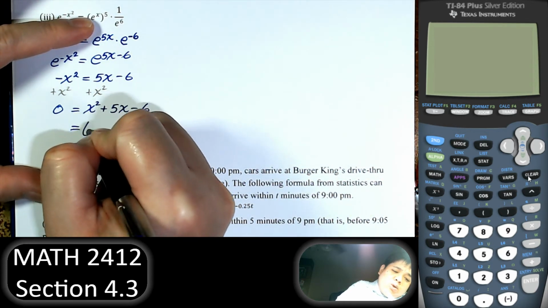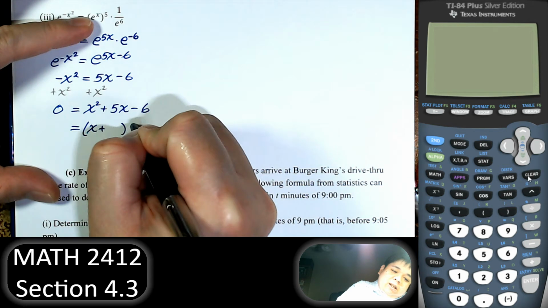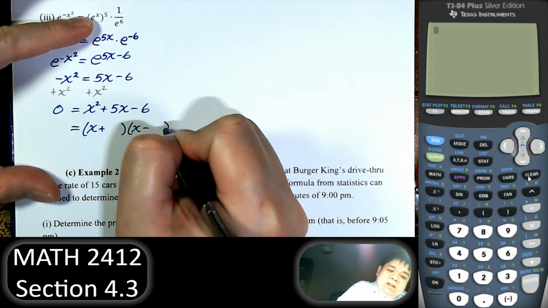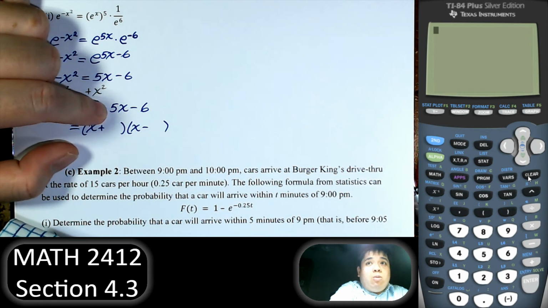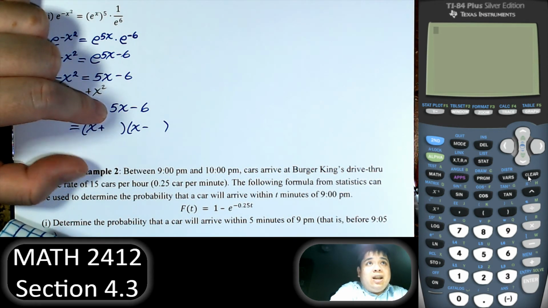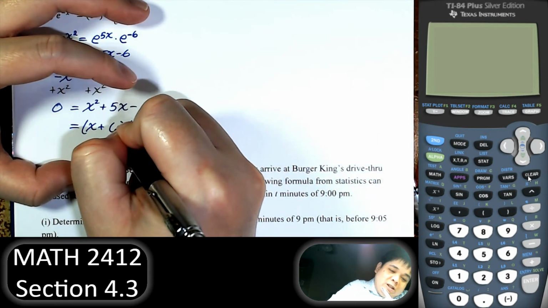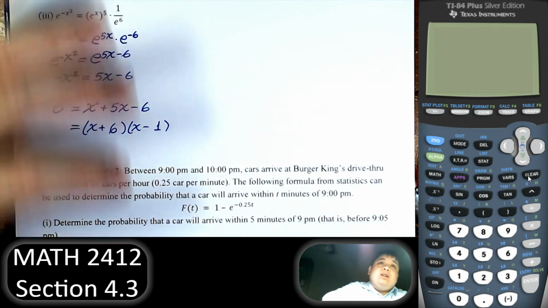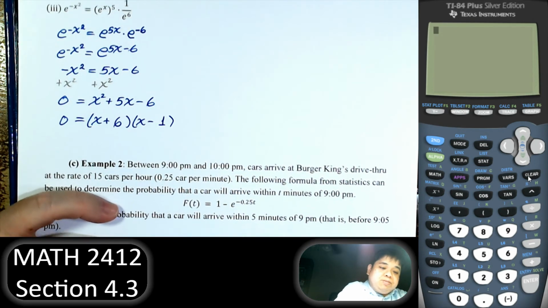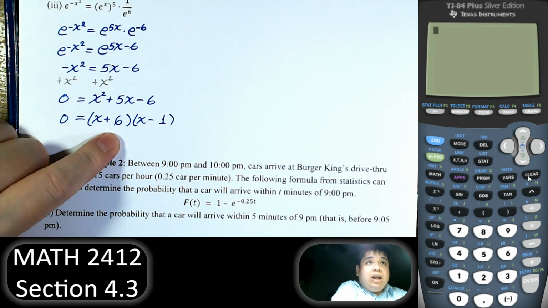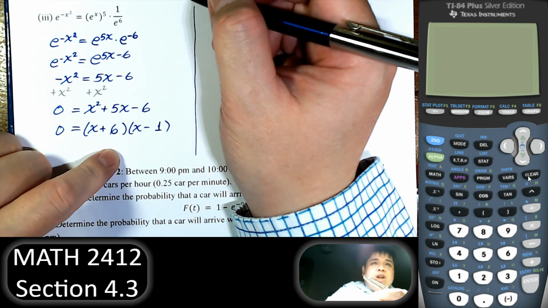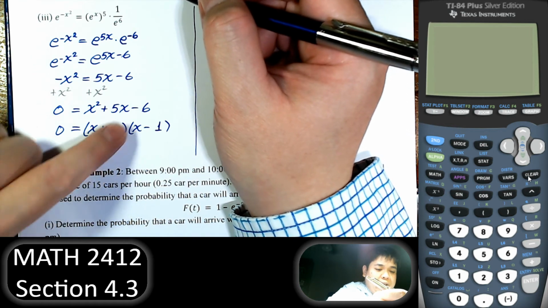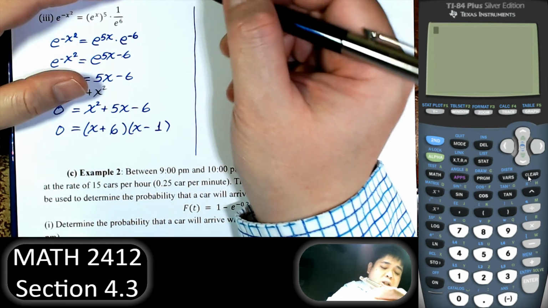It is x squared, so we should have x plus something and x minus something, because they have to multiply to negative 6 and add up to 5, so more likely 6 and negative 1. So those are the factors. And then we let each factor equal to 0. Of course, if you don't want to do this, you can use the quadratic formula. Either way, the quadratic equation should be simple.